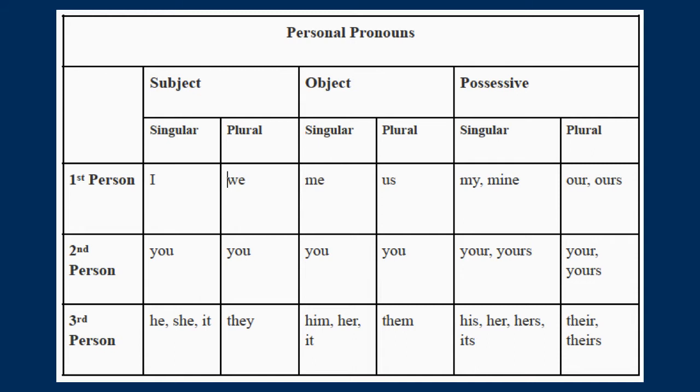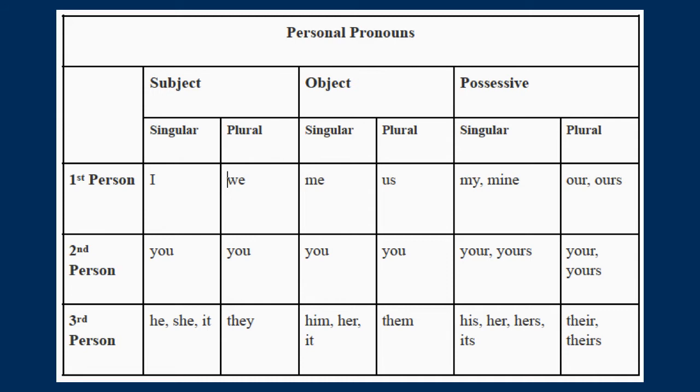So here we have a lot of personal pronouns, and we have them in first, second, and third person. We have them in singular and plural. We also have them in the subject position, the object position, and the possessive case. So let us look at each in detail.